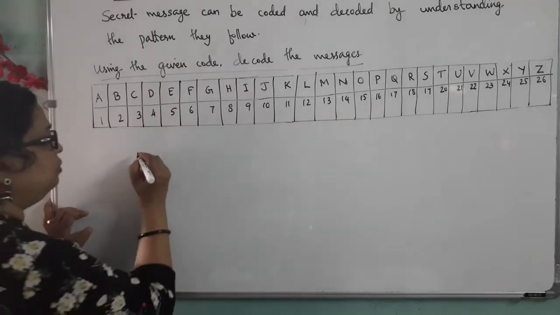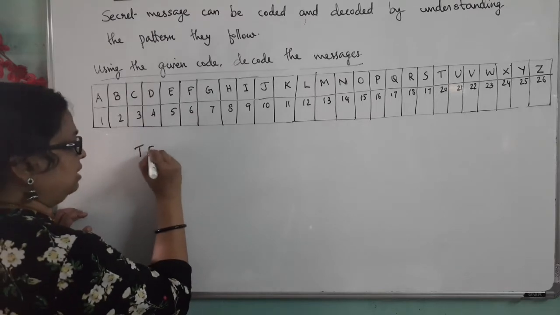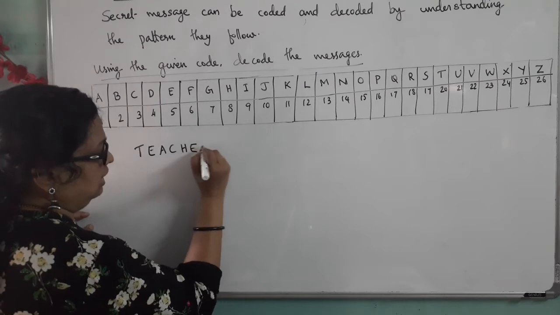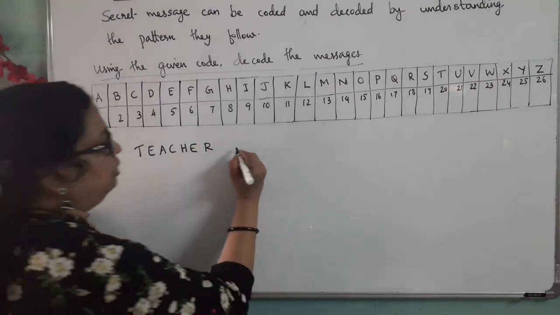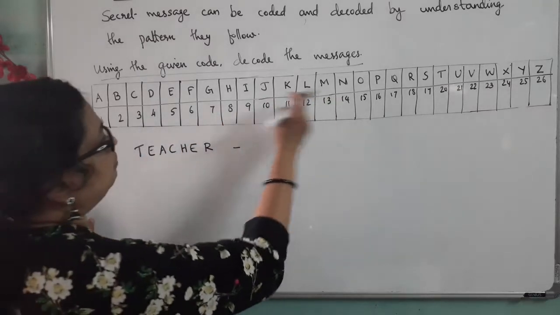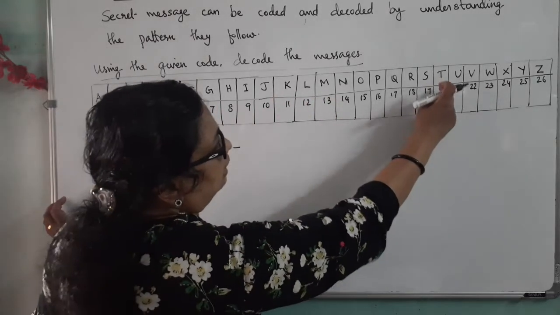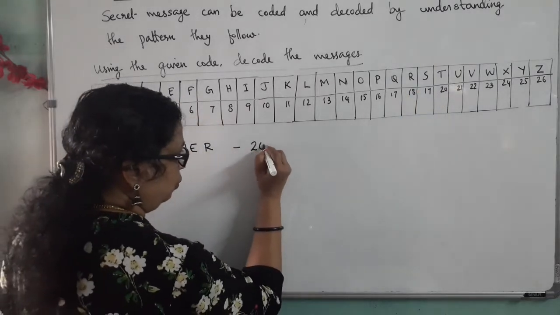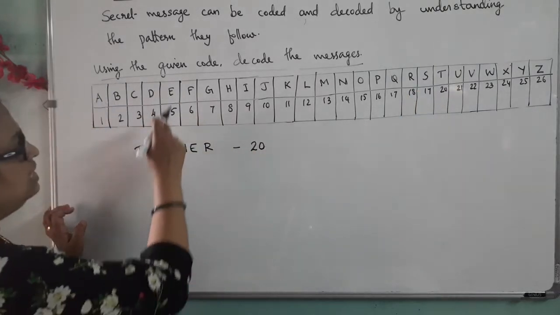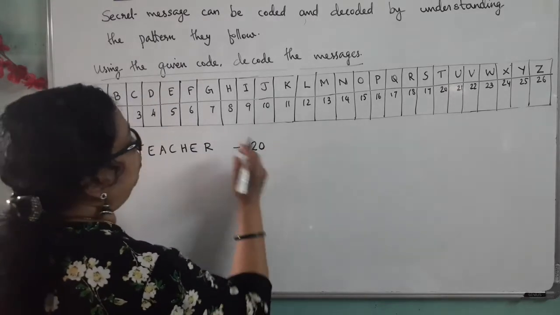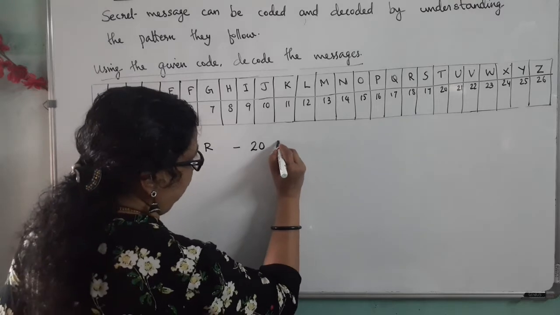First one, we write teacher. Then decoding. For T, we know that the number code is 20. So we write 20 for T. Then E is 5, so you leave some space and then write 5.